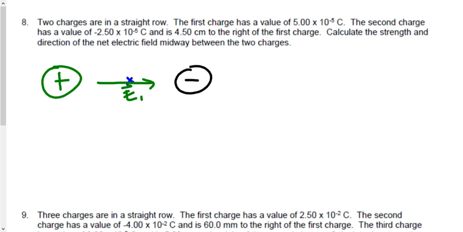We're going to call that E1 to the right. Why? Because it's away from the positive. Fields always point away from a positive charge, and fields always point toward a negative charge. So E1 is to the right, but so is E2, away from the positive toward the negative. I calculate both of those values, I add them up, and I get my net electric field.